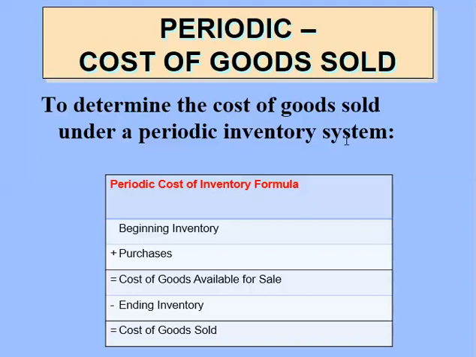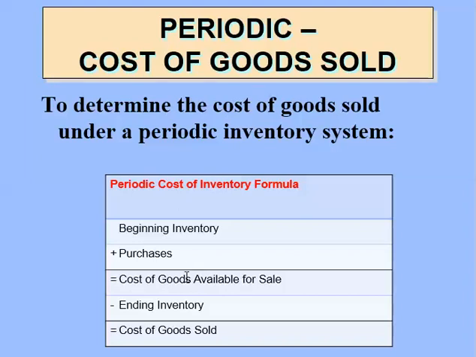So under periodic, we just record the sale when we make a sale of an item. So at the end of an accounting period, when we want to calculate what our cost of goods sold is, we have to look at what our beginning inventory was for that particular period, add to it any purchases that we made during that period, and that will tell us our cost of goods available for sale. Again, very descriptive.